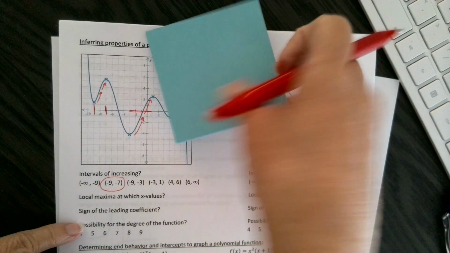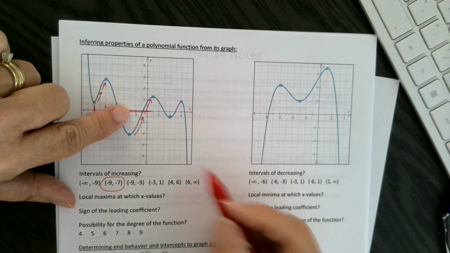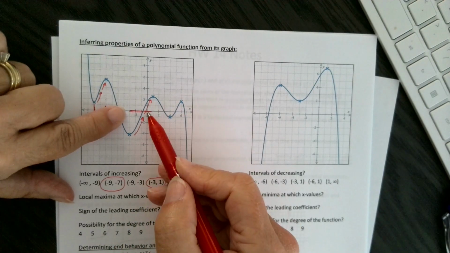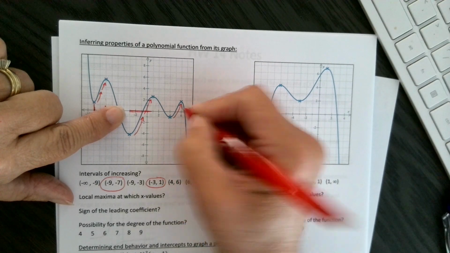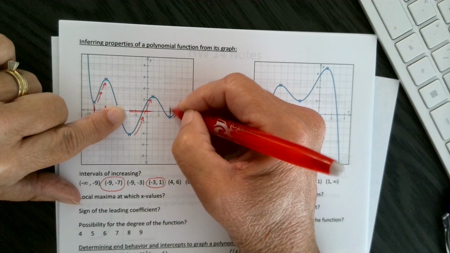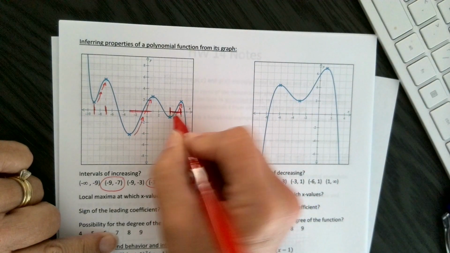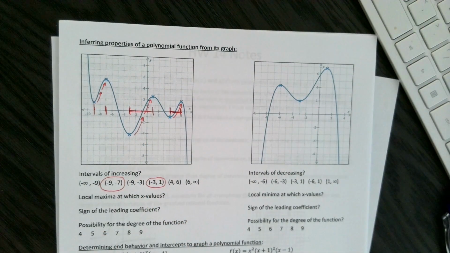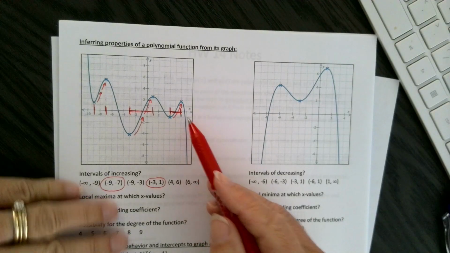So that is from -3 to 1. And then it also increases here between this number and that number on the x-axis, because all we're dealing with is the x values. So that is between 4 and 6.